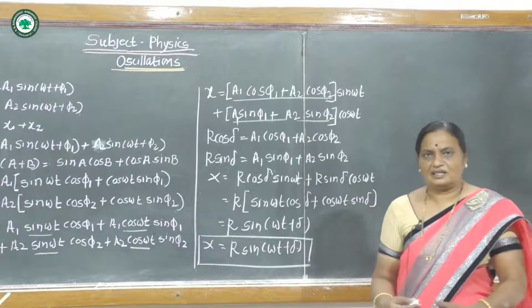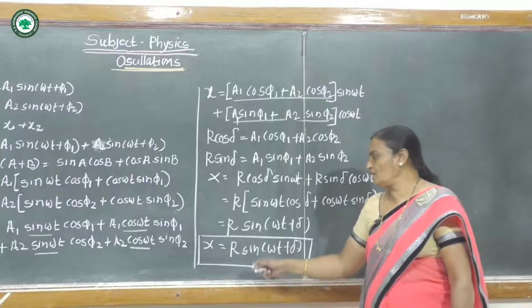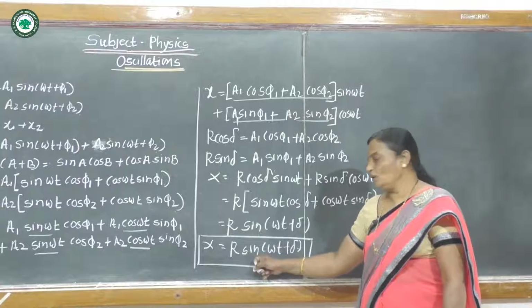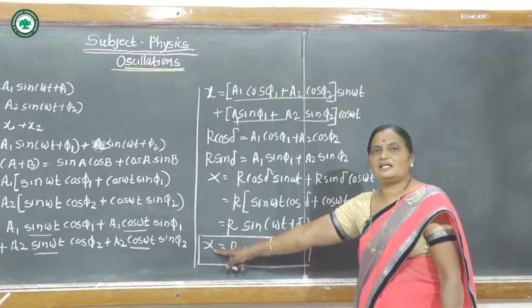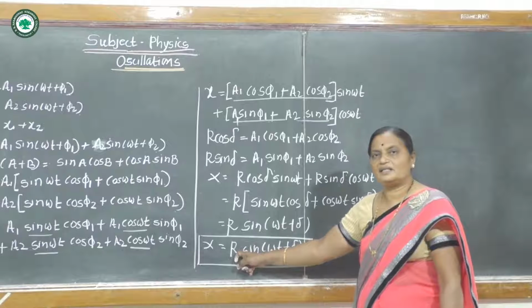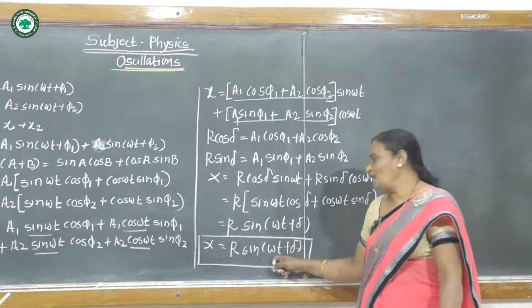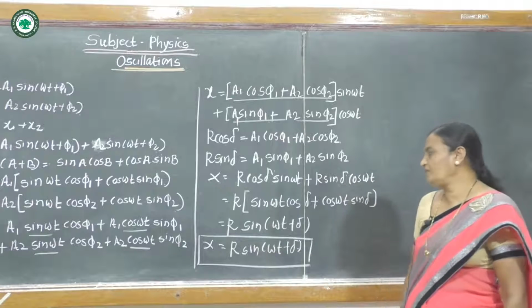Two SHMs can be combined, and the resultant displacement is x is equal to r sin (omega t plus delta), where x is the resultant displacement of the motion, r is the resultant amplitude, omega t is the period, and delta is the initial phase.